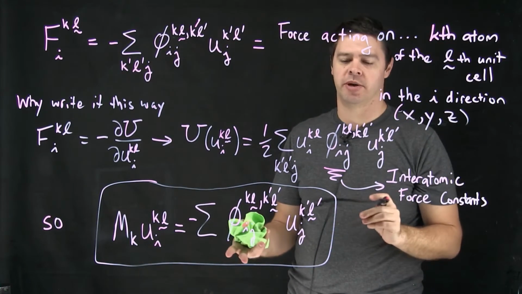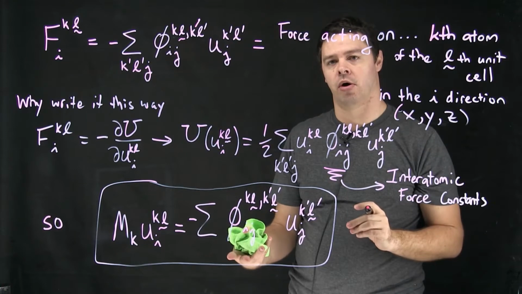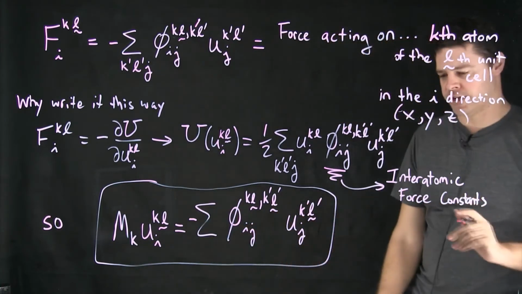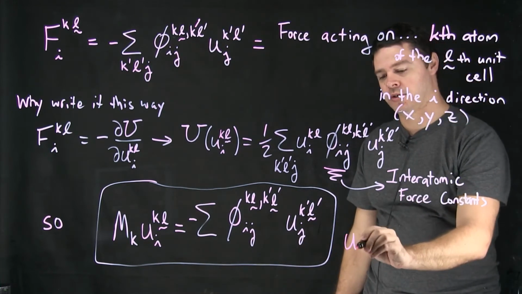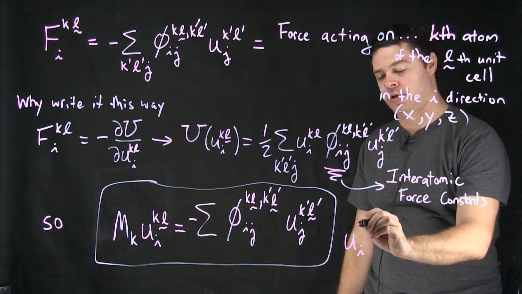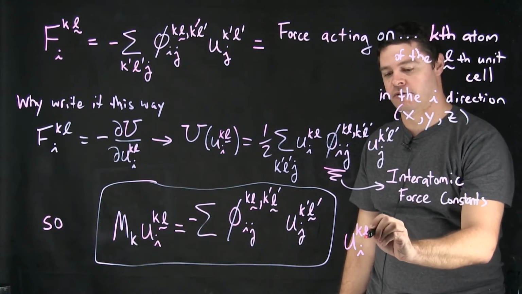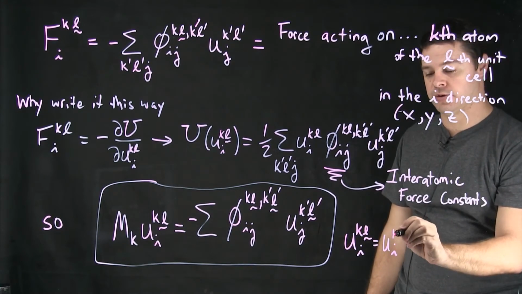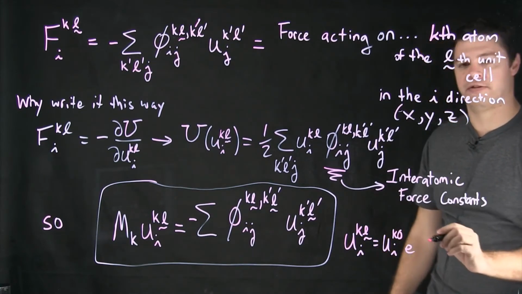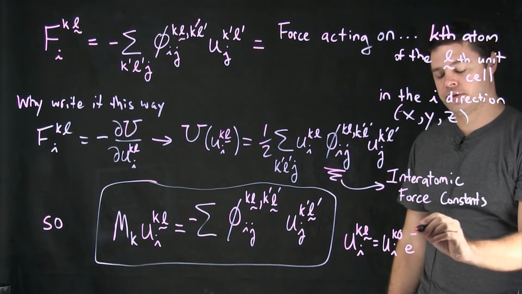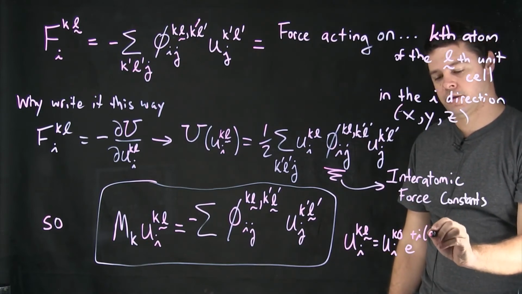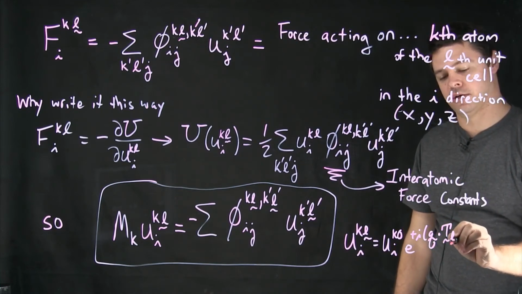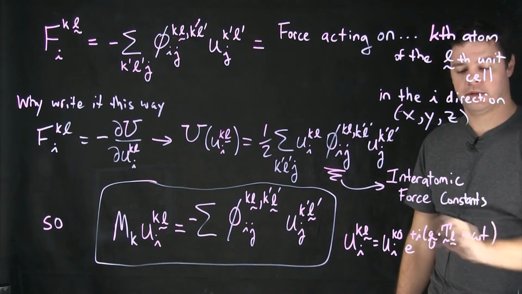So now we're going to plug in the form of the solution we were seeking, which was u in the ith direction for the kth atom of the lth unit cell, given by whatever's going on in the first unit cell times a factor that looks like e to the i q times a translation vector associated with that value of l, minus omega t.